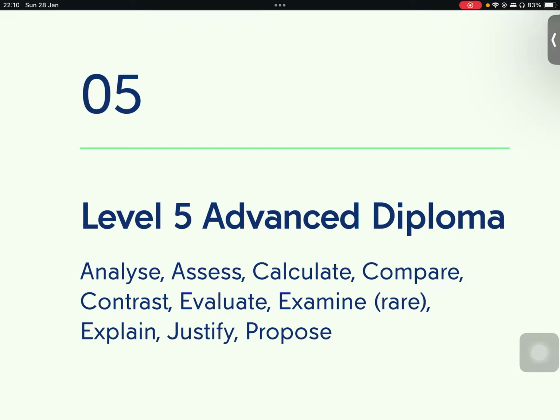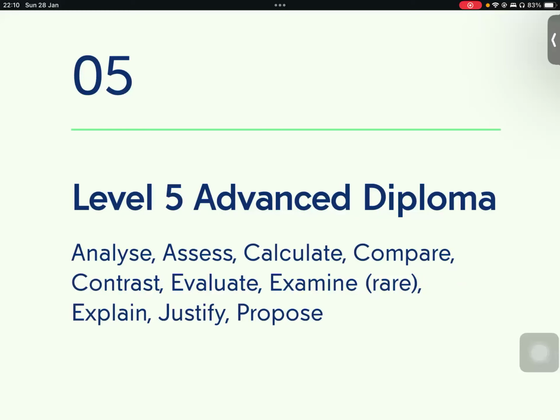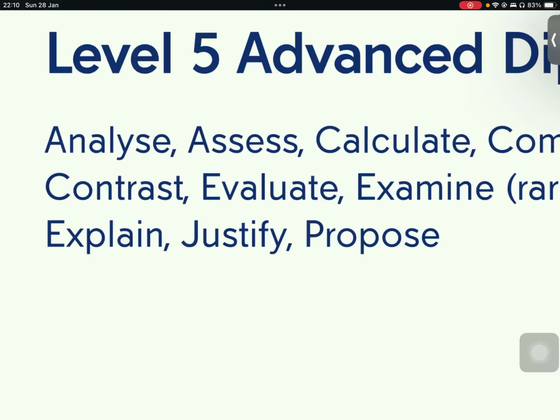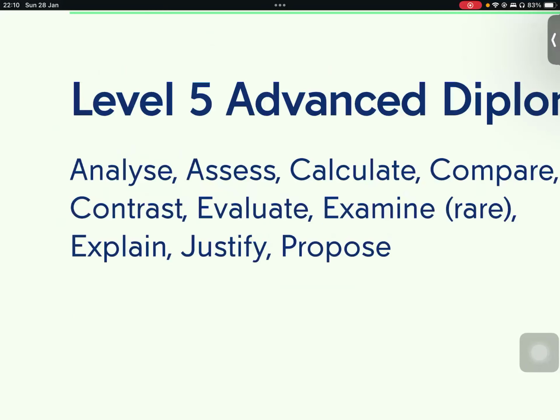Examine is about discussing a topic and evaluating, or giving your opinion about the application. Justify is about why we should choose this option.